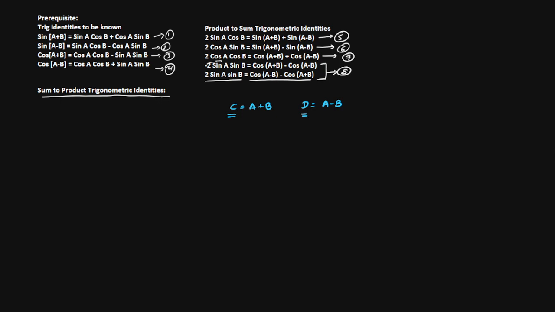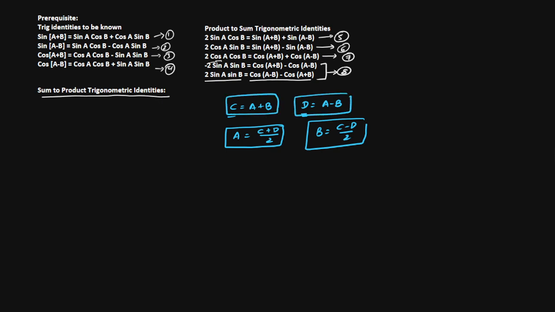If you add C and D, you will get 2A. Thus A equals C plus D by 2 and B equals C minus D by 2. When you add C and D, you get 2 A's, but when you subtract, you get 2 B's, and that's why B is C minus D by 2.